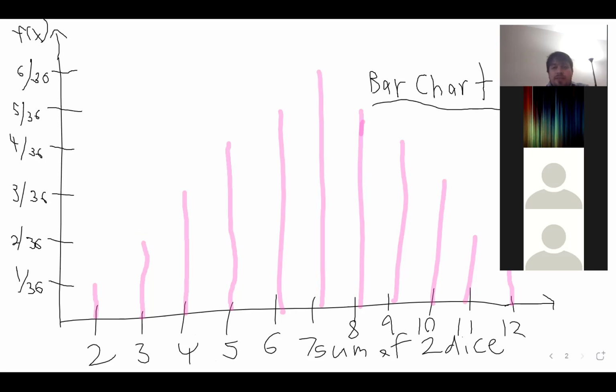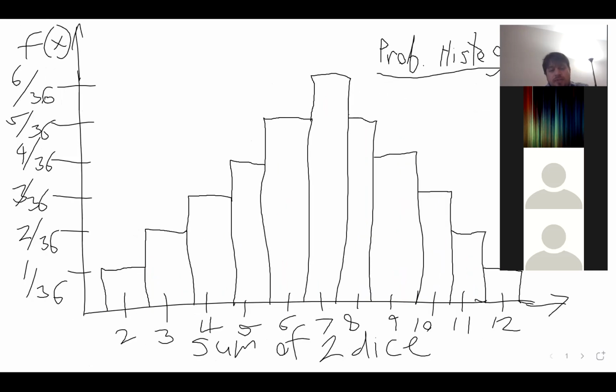Any questions about a bar chart? They're each easy to draw. It's just that sometimes it can be confusing which one is which. The bar looks like this, and you can see how this could be a bar, but the probability histogram also kind of looks like a bar. But this is how the probability histogram is drawn.